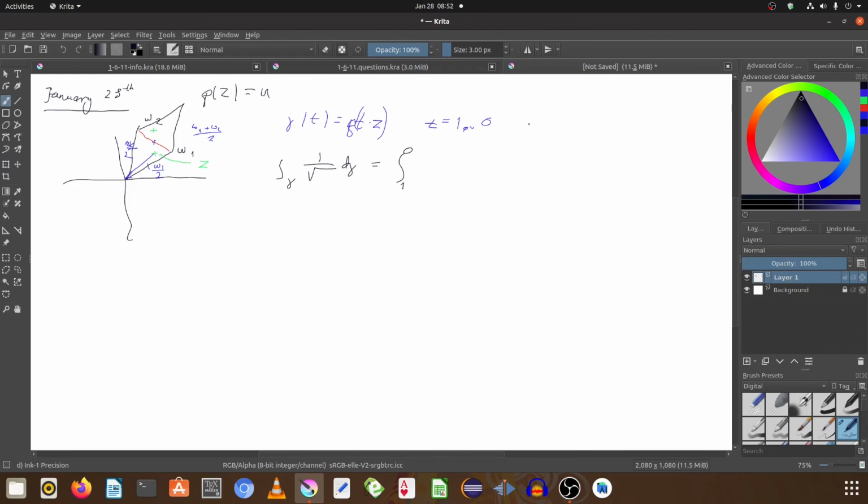And we just have to check this curve. When t is 1, it's our image u, and when t is 0, it's infinity. Better write g here.